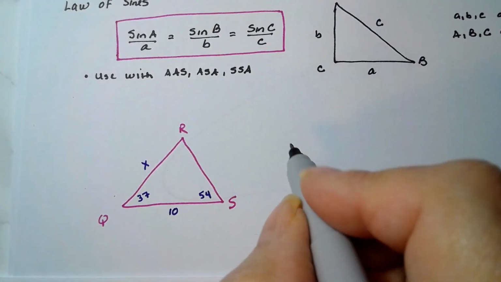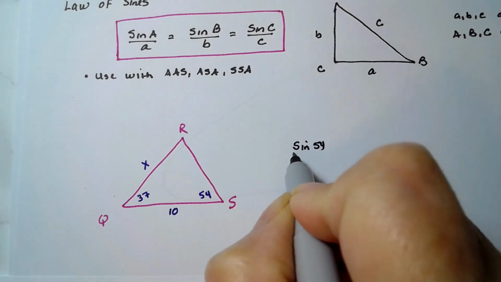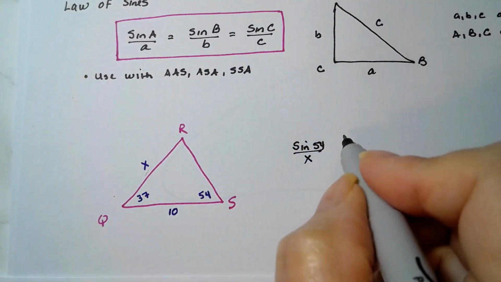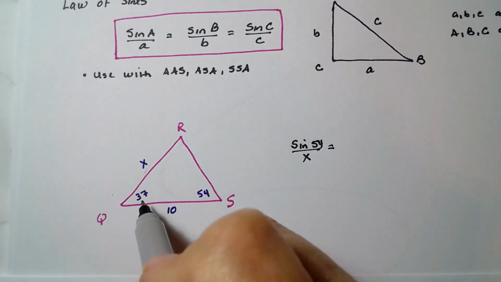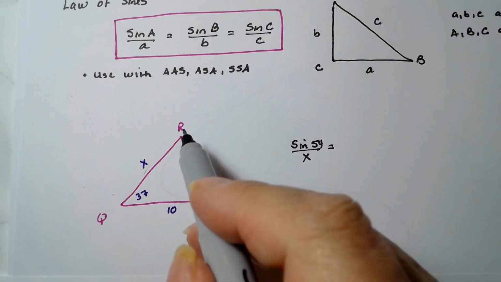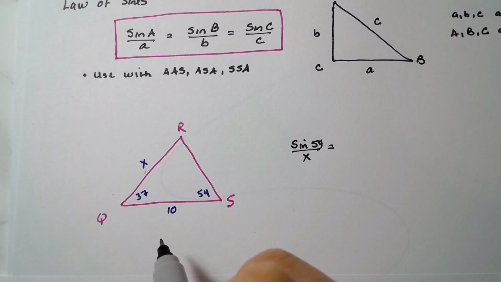So I can say the sine of 54 is to X, X is the side opposite angle 54, is equal to, well, I know this, but I don't know the side, right? And I know this side, but I don't know the angle. So what am I going to do?